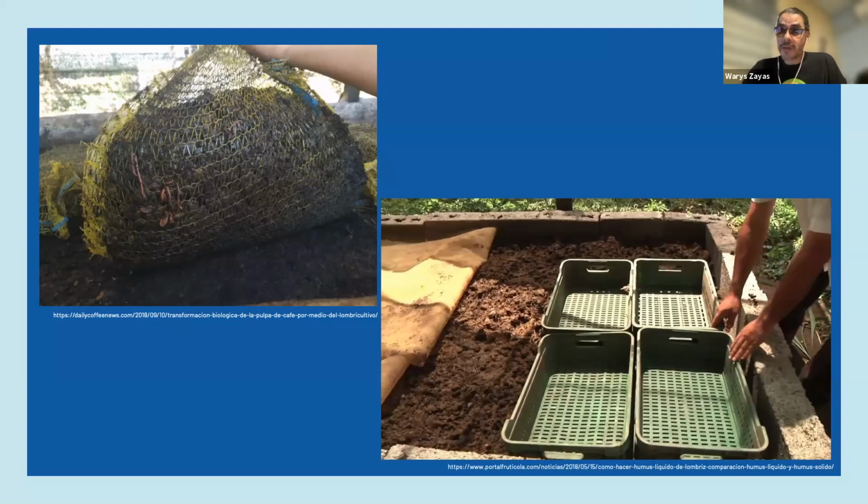But if we are feeding them with rabbit, goat or sheep manure, those manures have the characteristic that when they are fresh, they don't raise the temperature. So you can just put it inside the worm bed fresh, and the worms will process it, right?